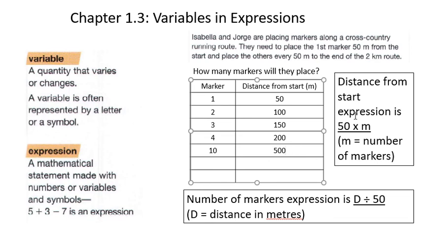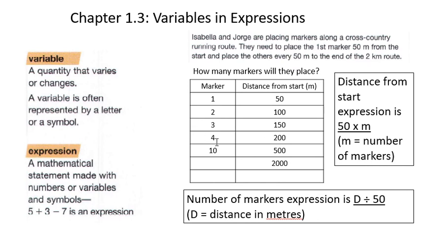And if you recall from our fact families, that we can take the distance right here, and if 50 times m gives us distance, then we also know that distance divided by 50 gives us our number of markers. So once again, I'm going to skip a few, and I'm going to put 2,000 meters right there, because now the question's asking, how many flags are we going to place, or are Isabella and Jorge going to place?